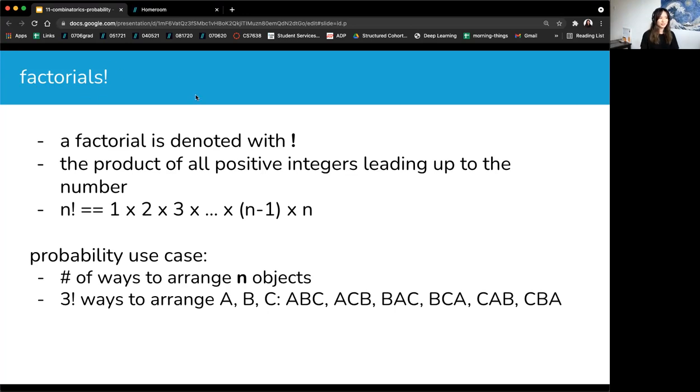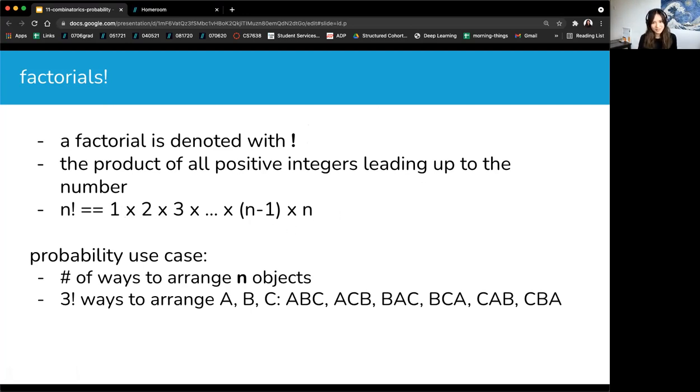So first let's talk about factorials. Factorials are denoted with exclamation points. And basically a factorial of a number is the product of all positive integers leading up to the number. So this is a formula: n factorial will give you 1 times 2 times 3 all the way to n.